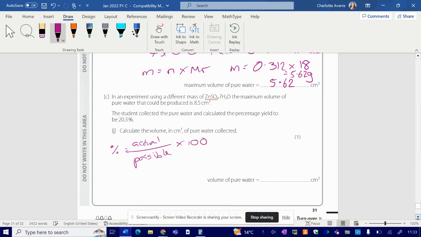It's given me the percentage yield, that's 20.3. Okay, we want the actual, and it's told us that the possible is 8.5, so you just need to rearrange that equation and you will get 1.73.